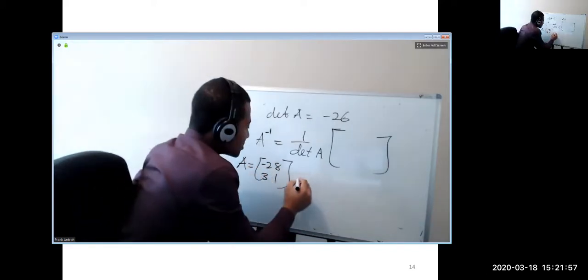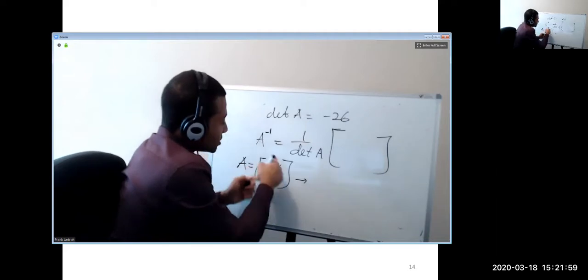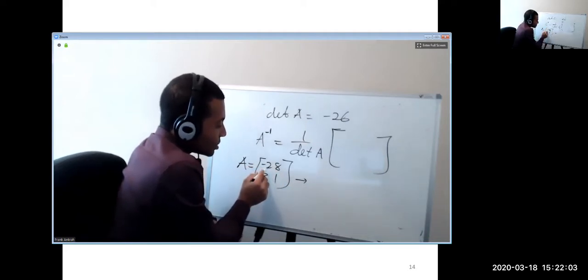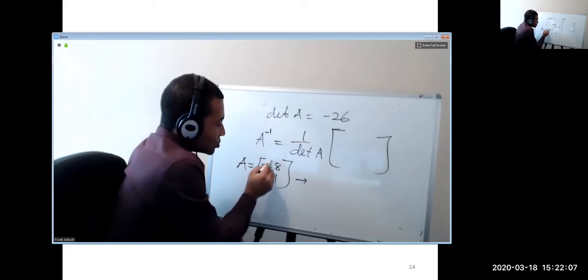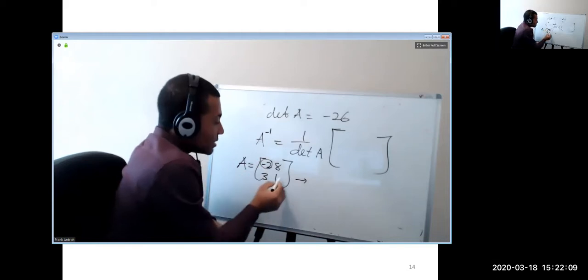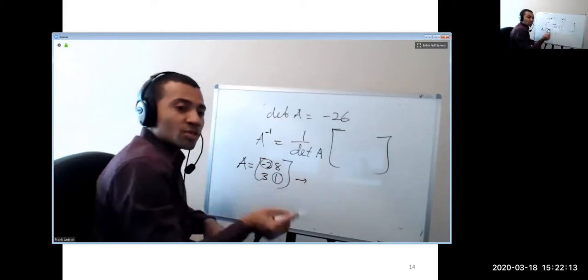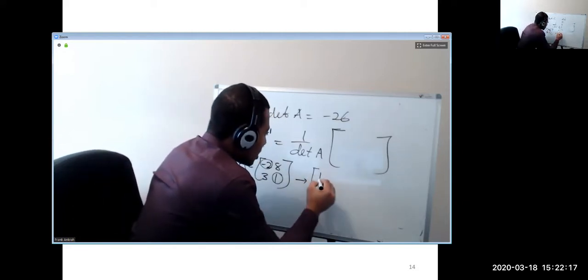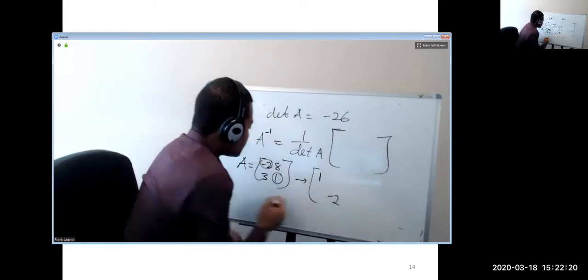In this context, you need to switch the values. So we switch places of element A, which is 2, and element D, which is 1. We switch their places, so that will be written now as 1, negative 2, okay?